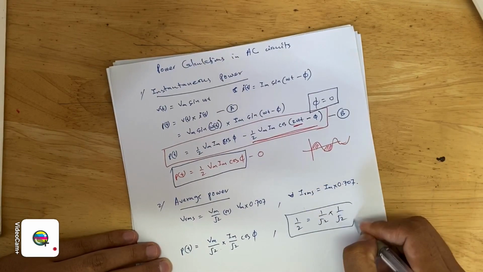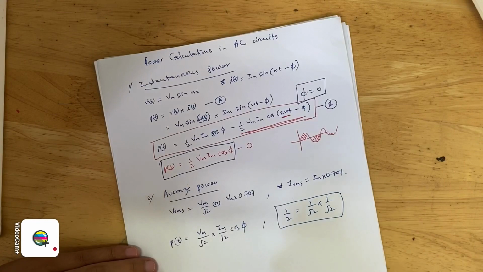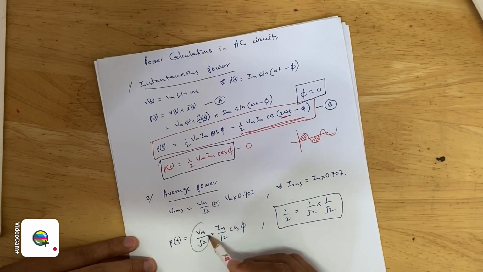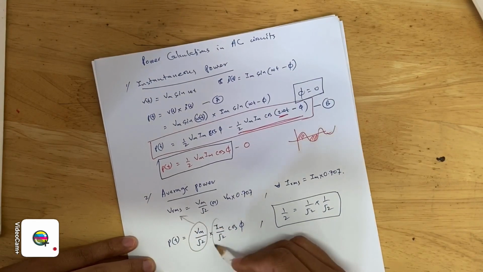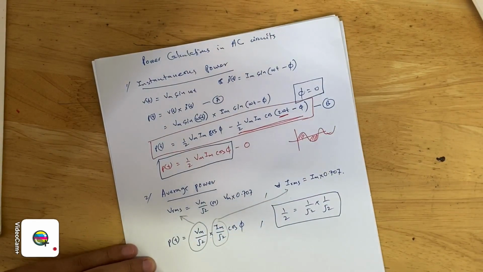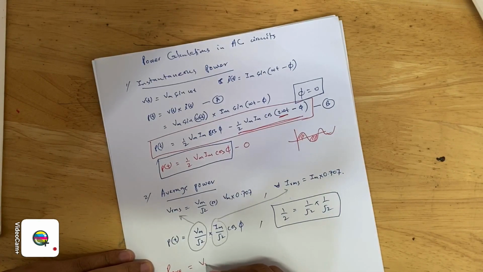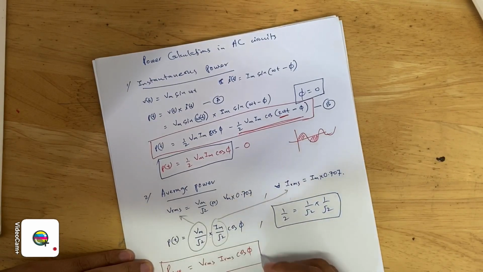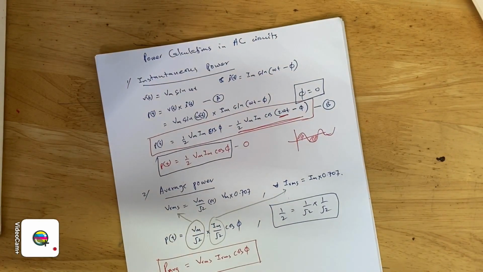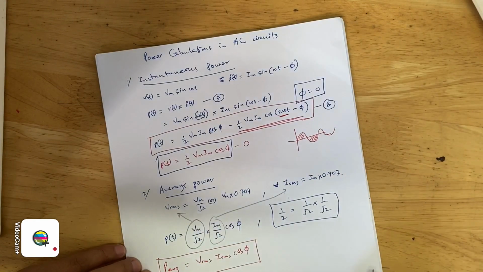We are doing some manipulations so we can make it into this form. So our P average is given by V RMS times I RMS cos phi. This is the average power that you derive from the instantaneous power.